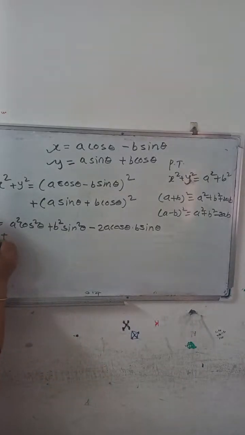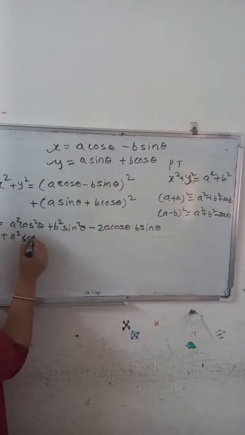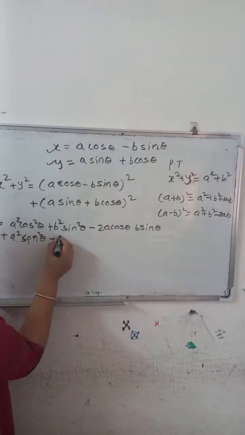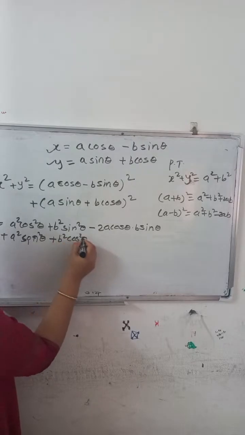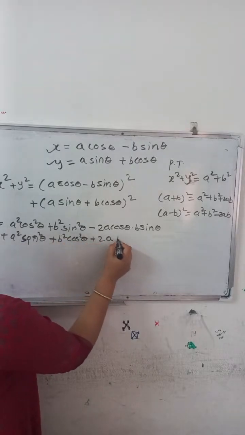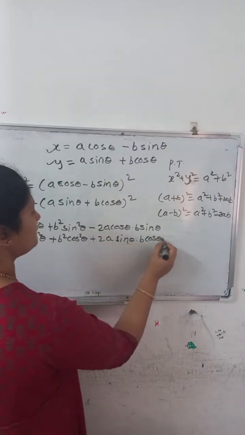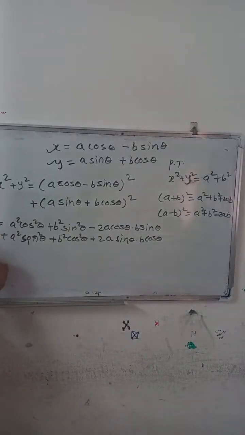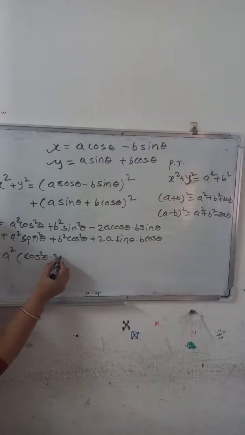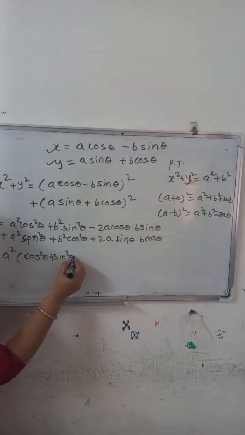Plus here I will write again a square sin square theta plus b square cos square theta plus 2a sin theta into b cos theta. Now see here a square cos square theta and a square sin square theta. A square we can take common, and inside the bracket cos square theta plus sin square theta will remain.